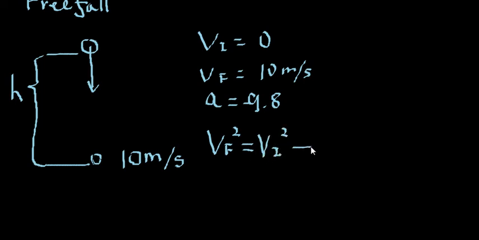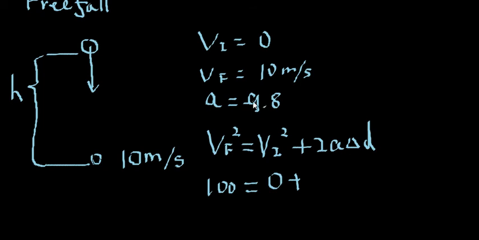So let's see, V final is 10, so V final squared is 100. And that equals V initial squared, which is 0, plus 2a, 2 times negative 9.8, so negative 19.6. So what is delta d?